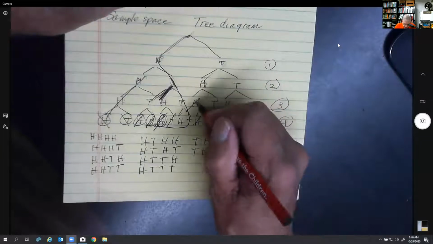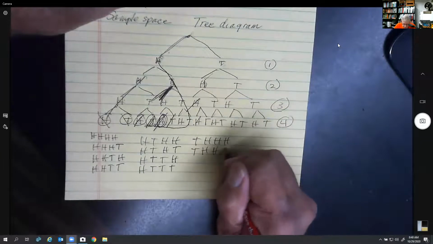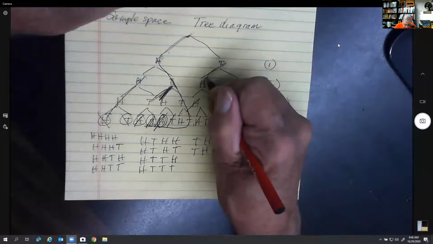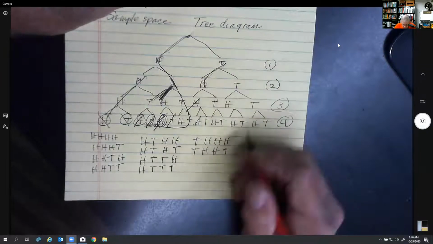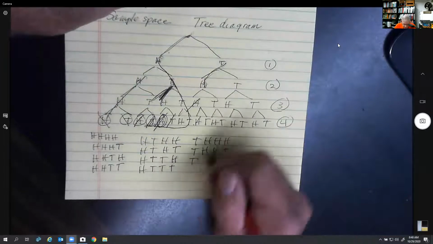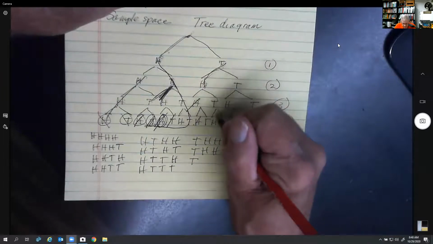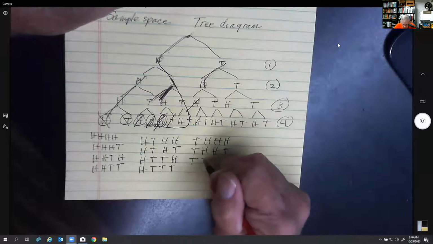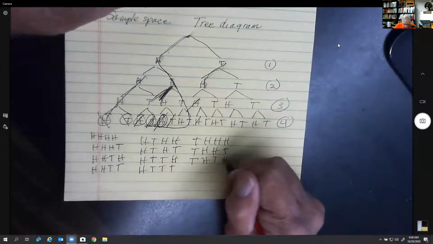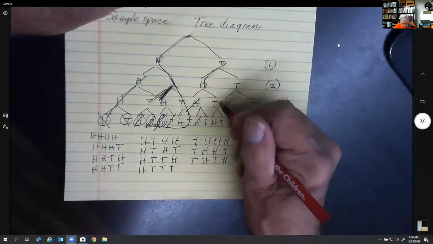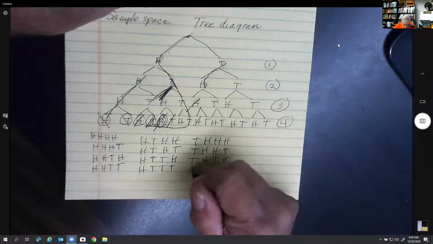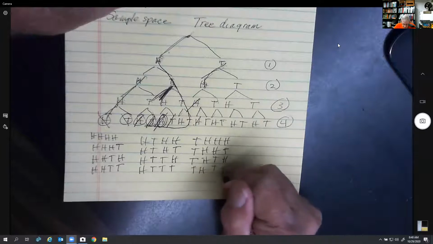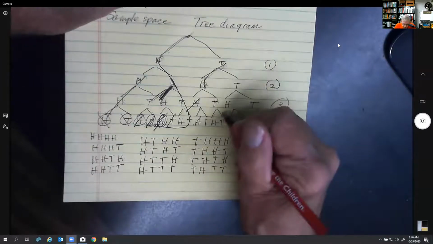Tail, head, tail, head. I got a tail, head, tail, tail. It kind of got really scrunched together.